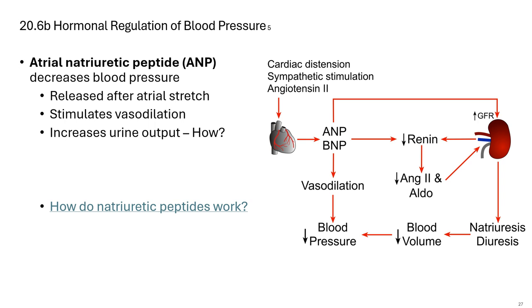And the atrial natriuretic peptide acts to promote vasodilation, and then also decreased renin, decreased angiotensin II, decreased aldosterone, decreased blood volume, decreased blood pressure. Right. So again, basically the exact opposite effects of what you have with things like aldosterone and things like antidiuretic hormone. Right. So this is acting to go in the opposite direction.